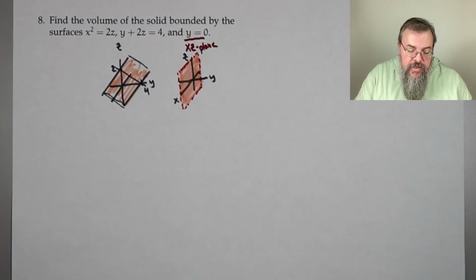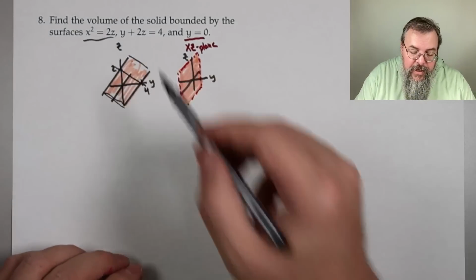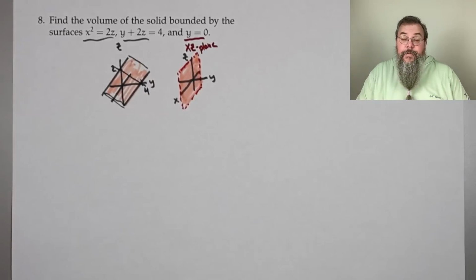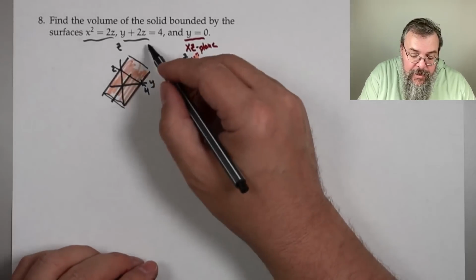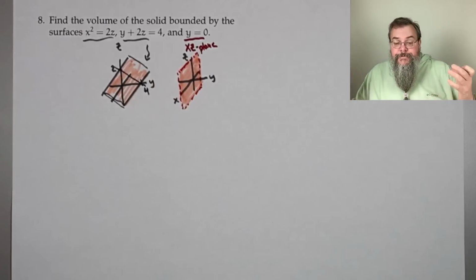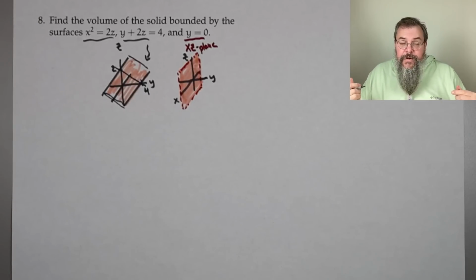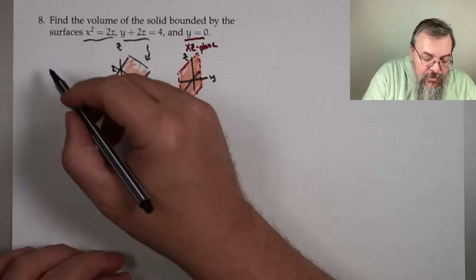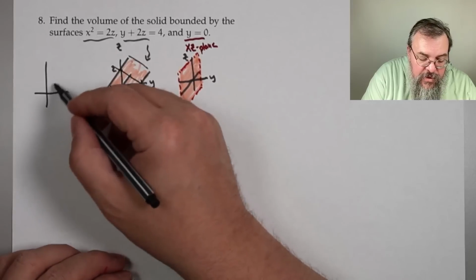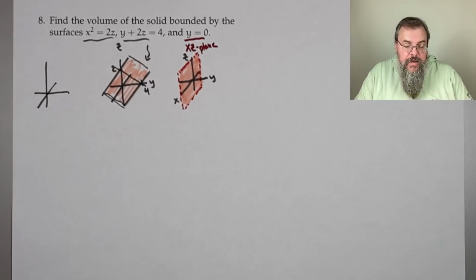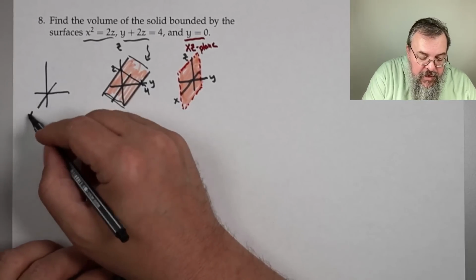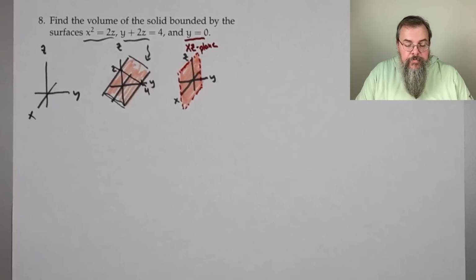So that brings us now to our last one, x squared equals 2z. Now what does that look like? Again, there's no y. So we'll sketch it in the xz plane, and then we'll see what happens. In the xz plane, remember we have our x, y, z.